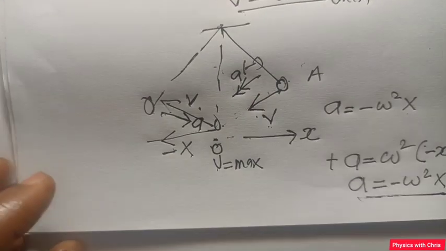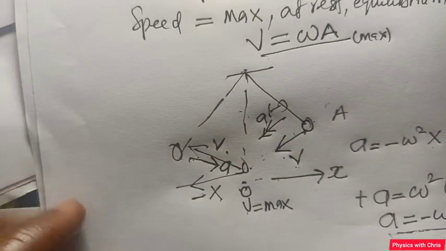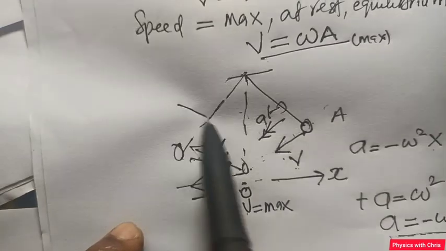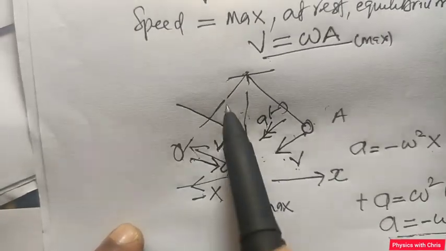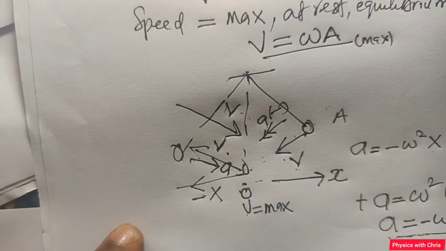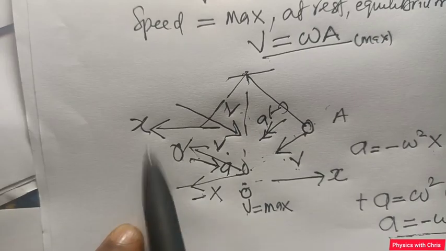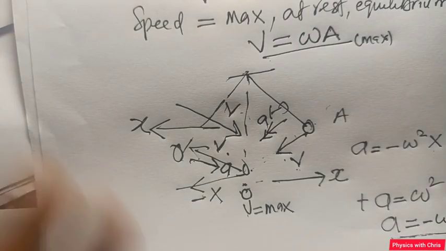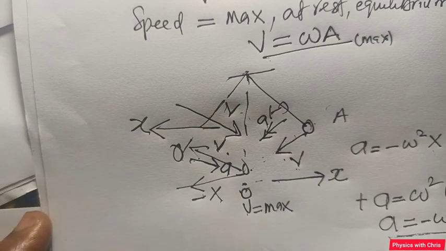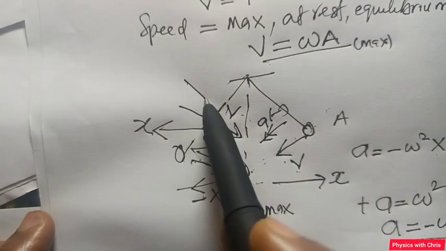Finally, how about when the body starts coming back to point O? You can see the direction of motion is this way. The displacement is this way, because it's on this side of the center of oscillation, and acceleration is directed this way.